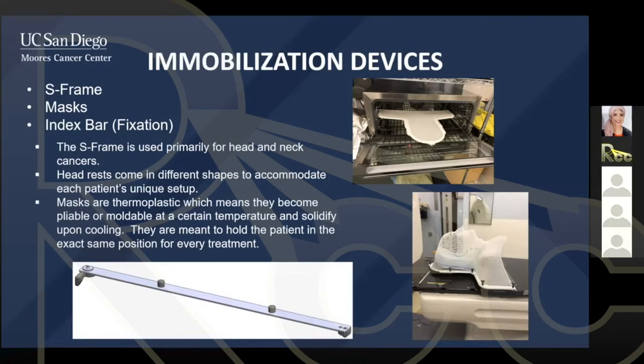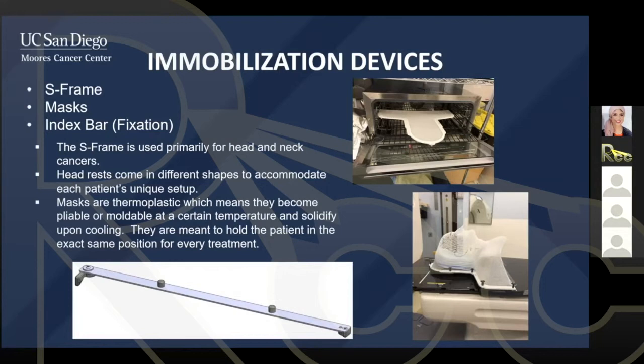I think he's referring to the shrinking of the mask. He's correct. This does happen. Once you put the mask on the patient and it's cooling down and hardening, it's going to continue to shrink. So you want to leave it on the patient long enough that the shrinking process is completed. If you don't have enough time to do that, a lot of places will put thin pieces of plastic underneath the patient.